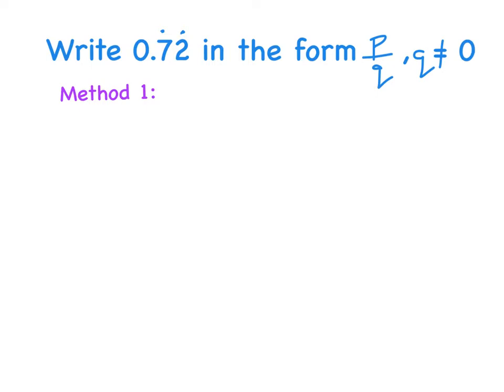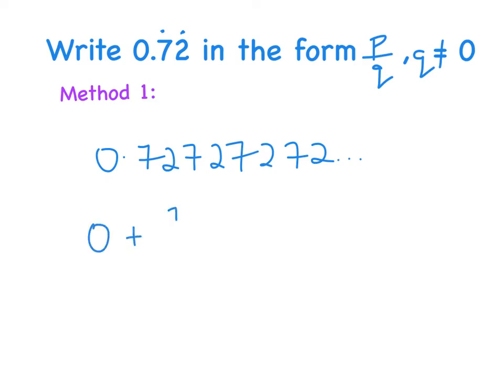We're going to begin in the same way, and here we have a recurring decimal. So it's 0.72 recurring, which is really 0.72727272 and so on. If I want to write that down, that's the same as 0 plus 72 over 100 plus 72 over, now I have my original 100 and 2 more decimal places, so 10,000, plus and so on.